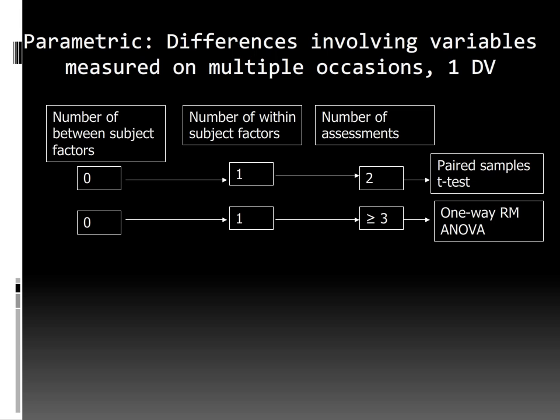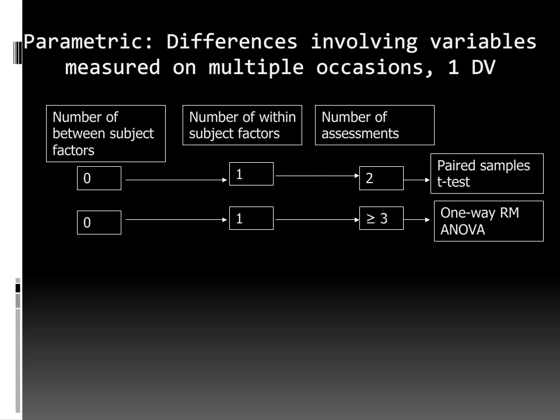If you were assessing athletes' competitive anxiety 2 hours before competition, 1 hour before competition, and 30 minutes before competition, your within subject factor is your independent variable, and that is the factor that distinguishes measurements made on the same subject. So in this instance, your within subject factor is time.